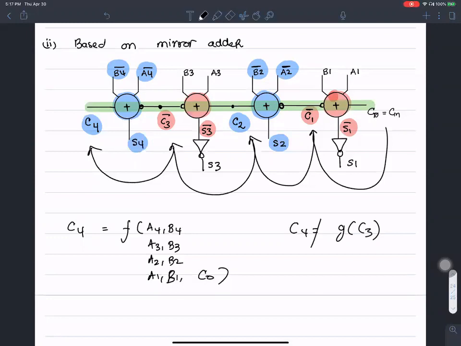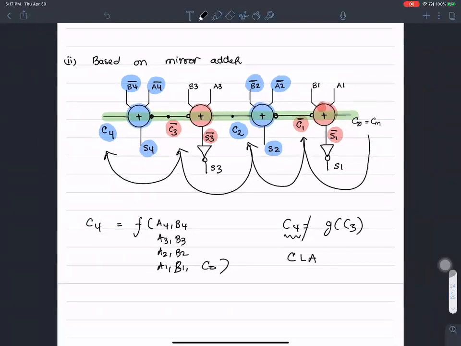You don't have to wait for C3 to calculate C4. And that's the idea of the carry look ahead adder.